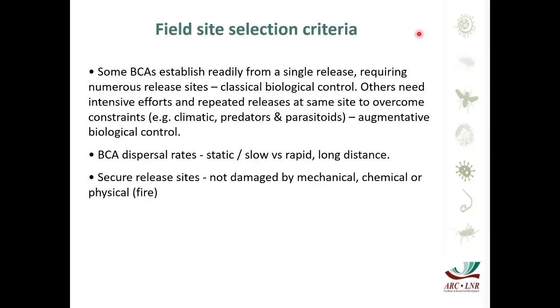Some barely disperse more than 500 meters in a year or 2 years, and some will disperse 50 kilometers or even beyond that in the same time frame. Some of the biocontrol agents have dispersed 400 kilometers across oceans, up into East Africa even. So it really depends on the biocontrol agent.